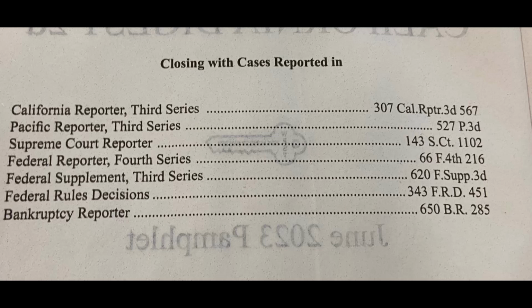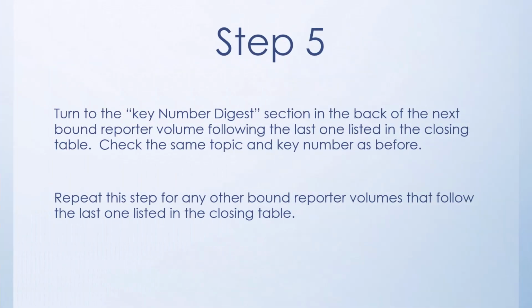So if you want to see what's newer, you would check every volume after volume 307, California Reporter 3rd. If, for example, you were looking for U.S. Supreme Court decisions that originated in California, you've already seen everything up to volume 143, Supreme Court Reporter, so you would only need to check with volume 144, Supreme Court Reporter, and so on.